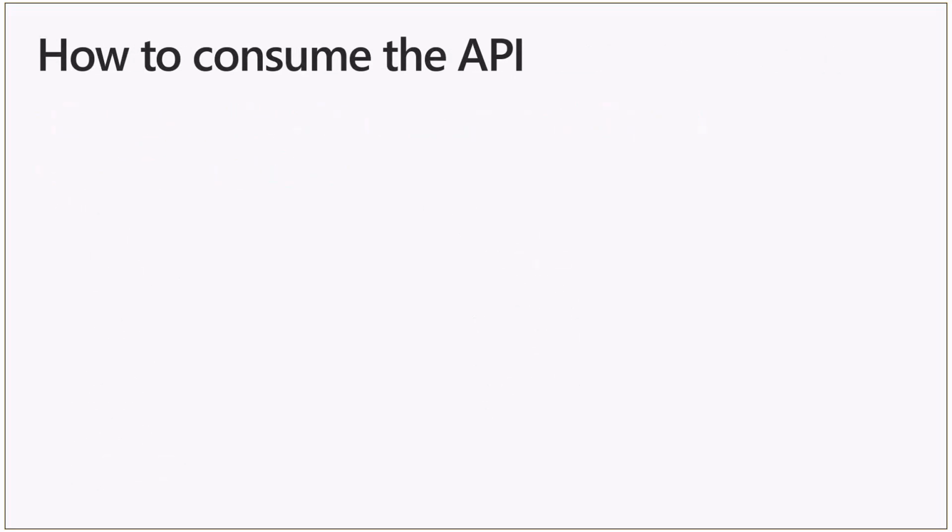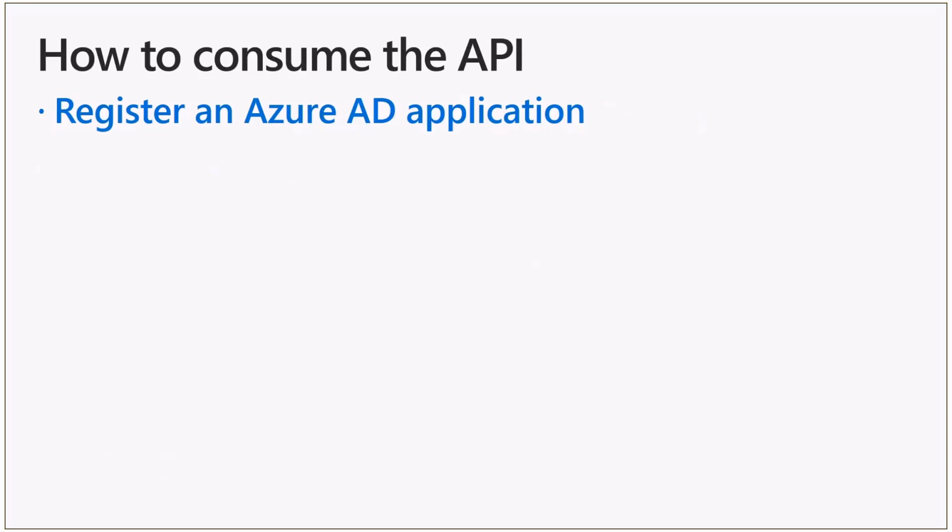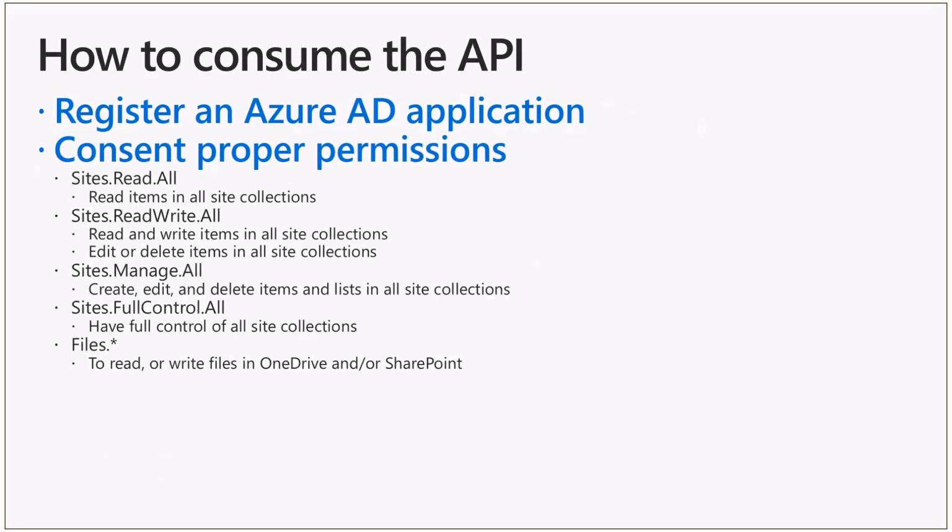Cool. So how do we consume those APIs from a developer perspective? As we were talking about a few seconds ago, you need to register an application in Azure Active Directory so that once you have an application registered there, you will be able to configure proper permissions to access the actions that you need to consume. So, for example, there are permissions to read the content of a site.